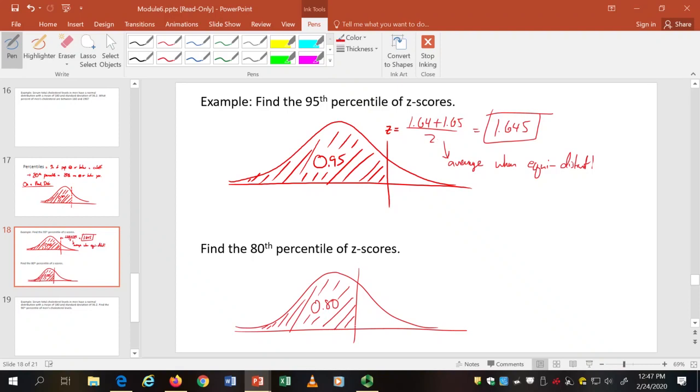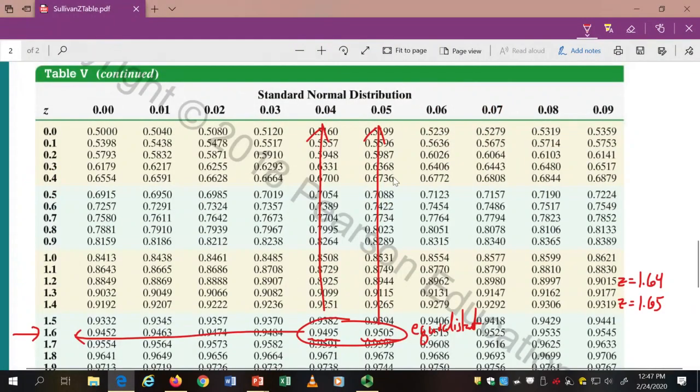Now, if we want to find the 80th percentile on the z-table, we're scrolling back through our table. Where do you hit it? 0.84. Yeah. So when I'm scrolling through my table, here's 0.7995, that's below the 80th percentile.